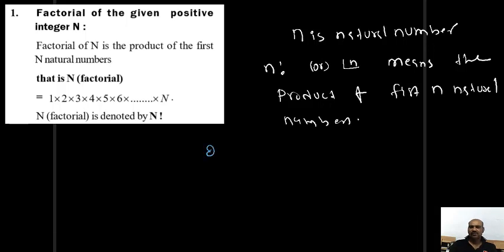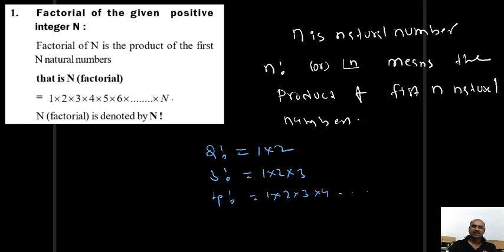For example, 2 factorial means 1 into 2. 3 factorial means 1 into 2 into 3. 4 factorial means 1 into 2 into 3 into 4, and so on. N factorial means 1 into 2 into 3 into 4 and so on up to n.